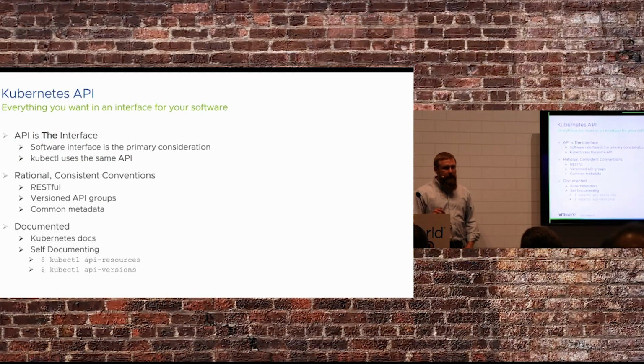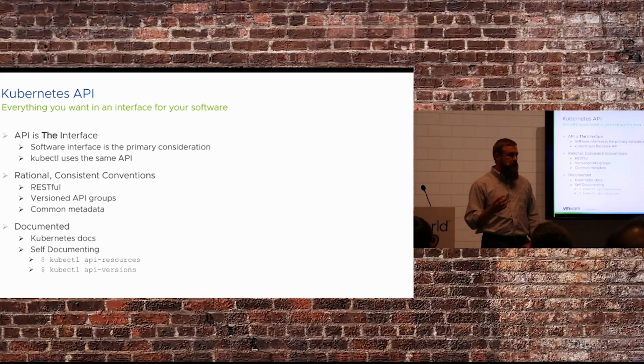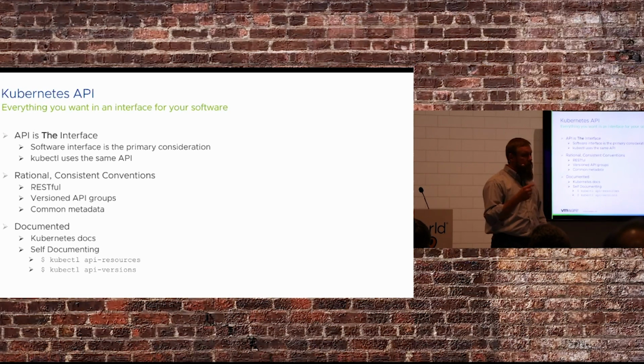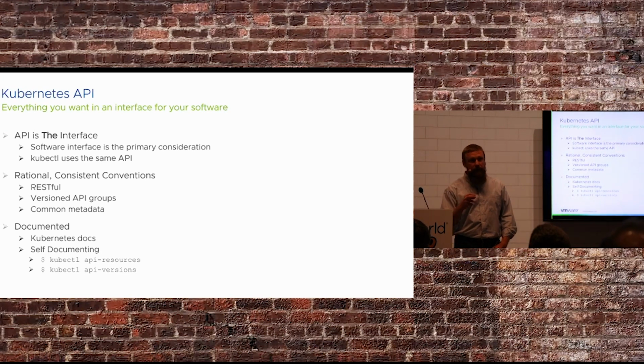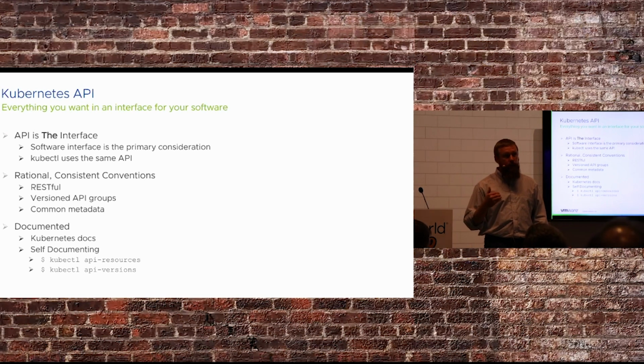So with Kubernetes, the API is the interface, which is to say other software that wants to utilize Kubernetes is a first-class citizen in that ecosystem. And that's really important. To leverage the maximum usefulness of Kubernetes, it needs other software to use it, all right?